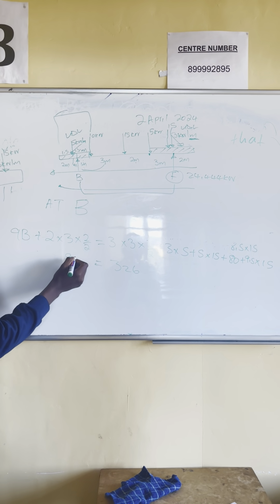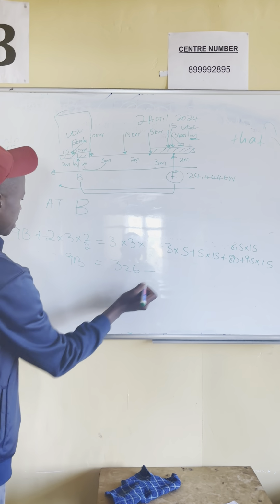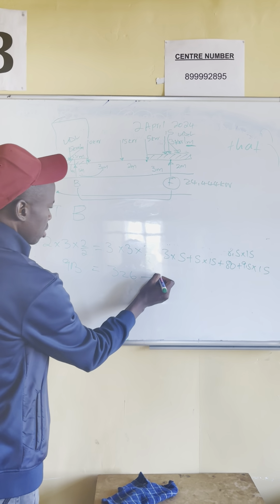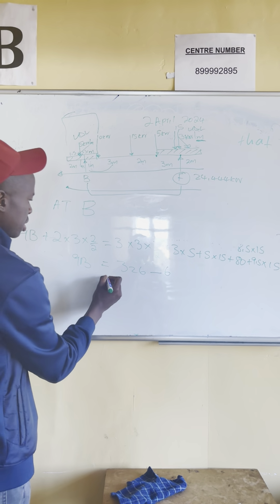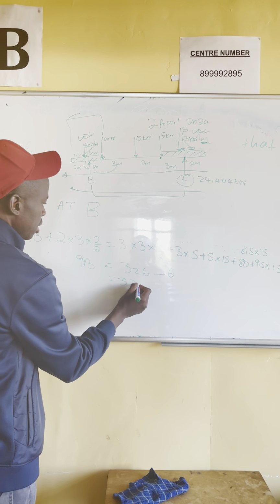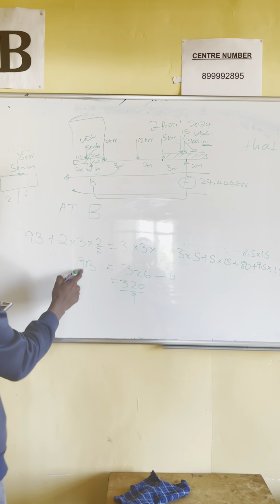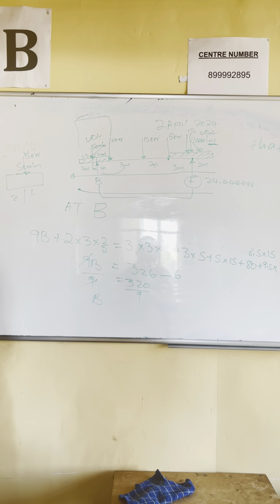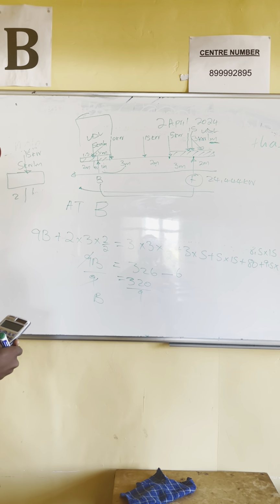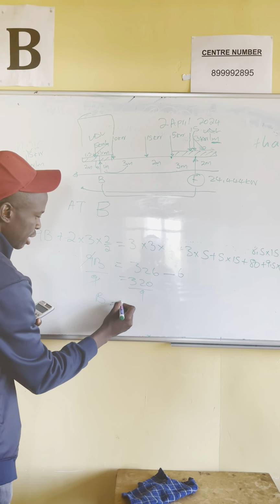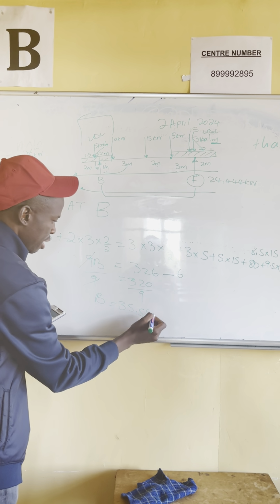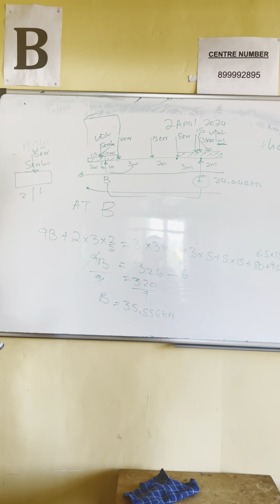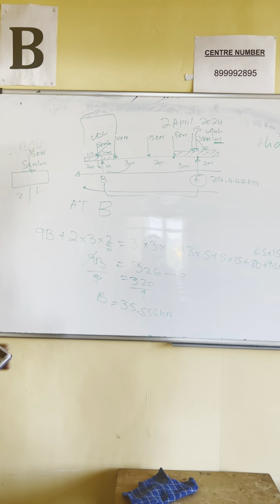Now 9B minus 2 times 3 is 6, times 1 is 6, so minus 6 here, it becomes 320, divided by 9, now we are cancelling this 9. Our B divided by this 9, so now our B is 35.556 kilonewton.